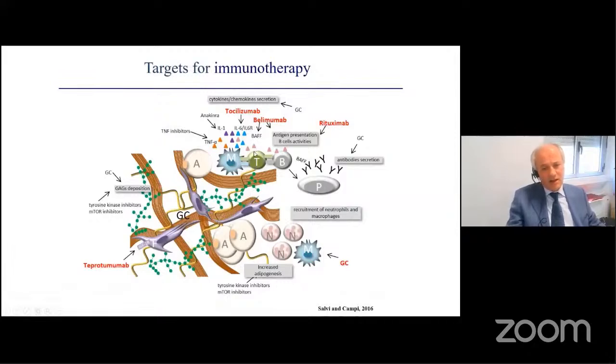We can target immune cells, so B and T cells. We can target cytokines, for example IL-1, IL-6, or we can target specifically some receptors expressed on the fibroblast of the orbit. Namely, recent studies have shown that targeting the IGF-1 receptor, which is coupled to the TSH receptor on the fibroblast, is a possible target of disease.